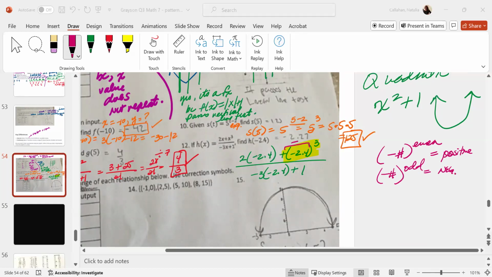Did you do 2.4 times 2.4 times 2.4? It's gonna be negative 13.284. I'm just gonna give that to you right now, but you're gonna have to practice doing that, okay? This part right here, that's gonna give you a negative 4.8, right?